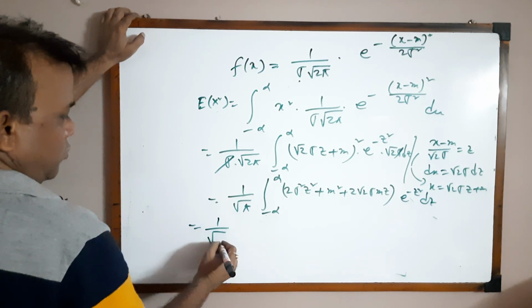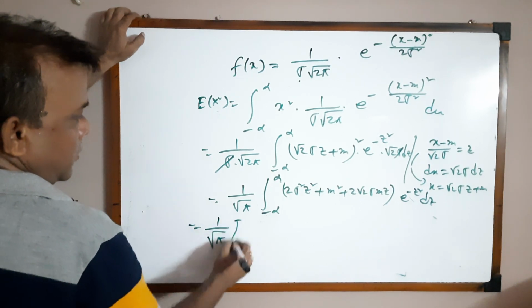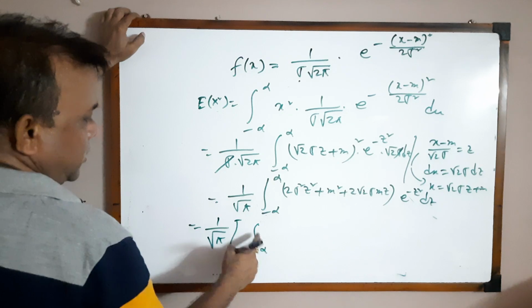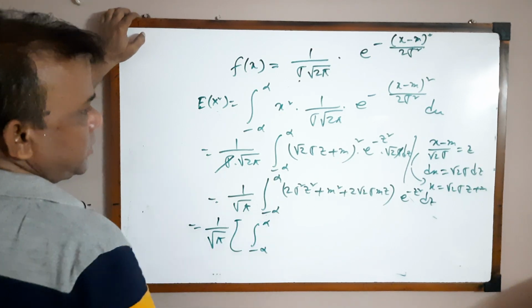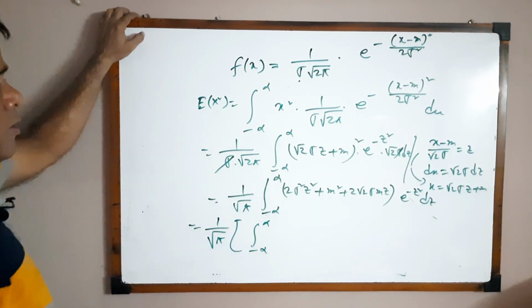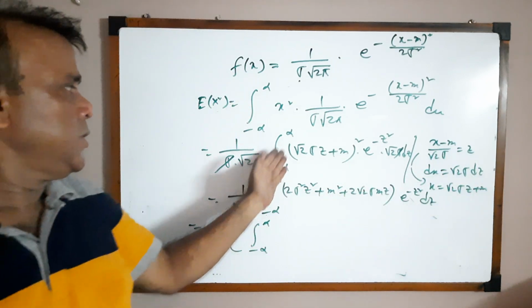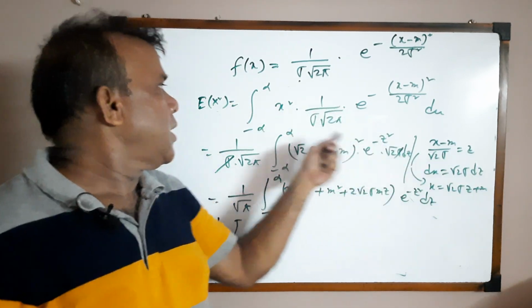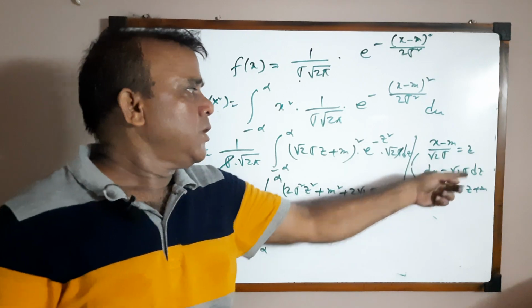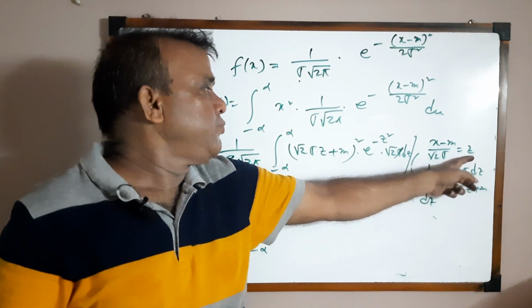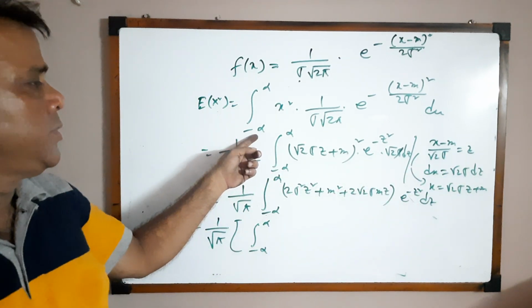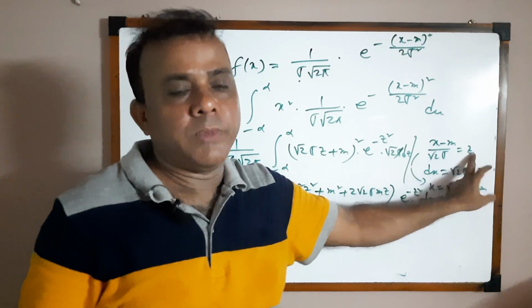1 by root over of pi, integration minus infinity to plus infinity. The limit of z will remain unchanged in this case: as x tends to infinity, z also tends to infinity, and for minus infinity, z also tends to minus infinity.